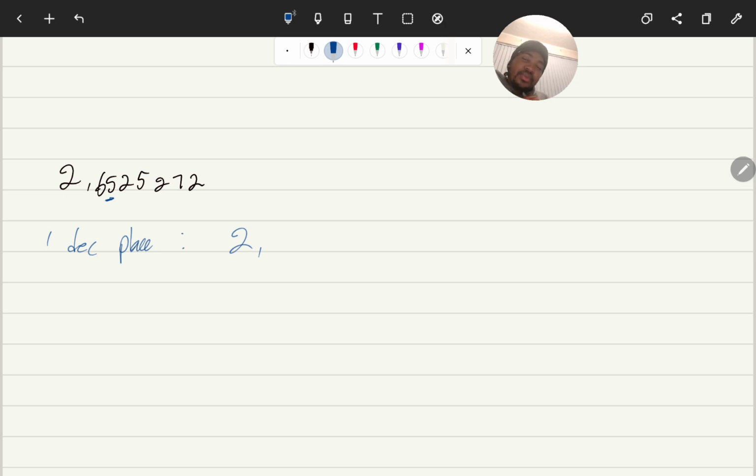Now this is the thing I wanted to say. If the number that you look for is above or equals to 5, the number before that number is going to increase. And if the number that we want to check is below 5, then the number before that number doesn't change at all.